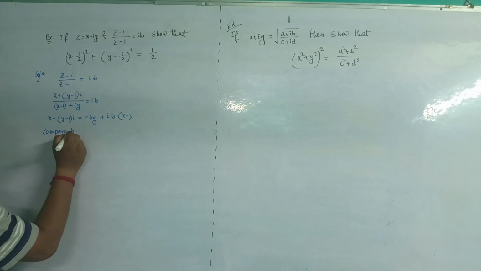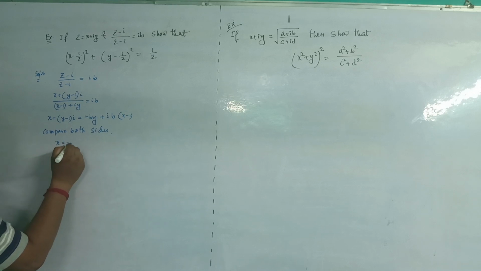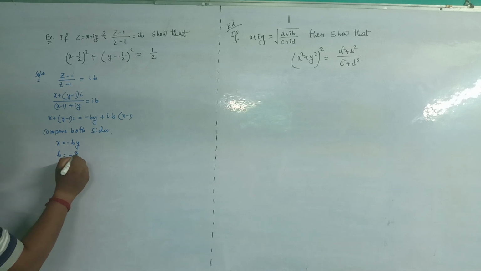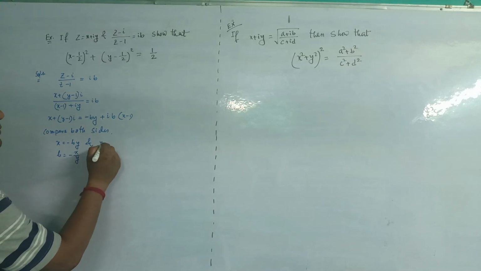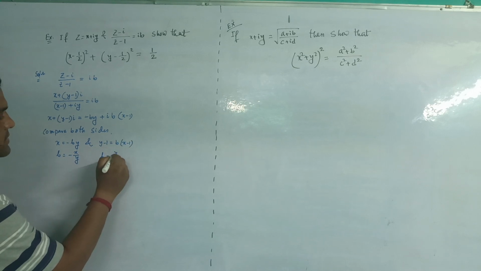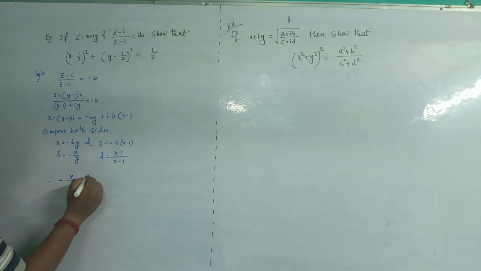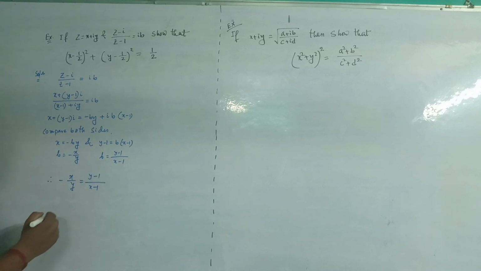Comparing both sides, x is equal to minus by, or b is equal to minus x by y, and here y minus 1 is equal to b of x minus 1. So b is equal to y minus 1 by x minus 1, and these two become the same.